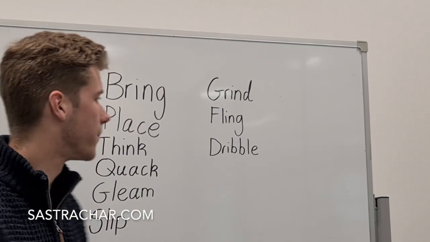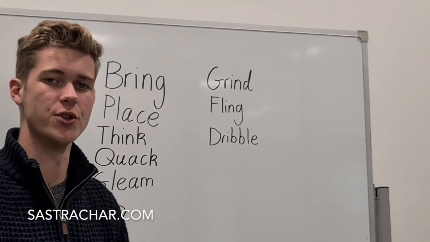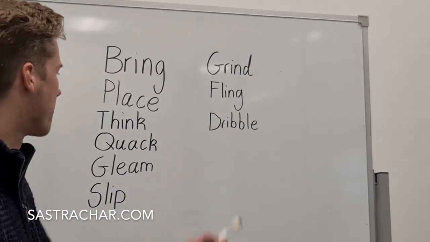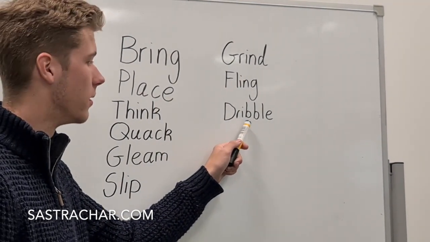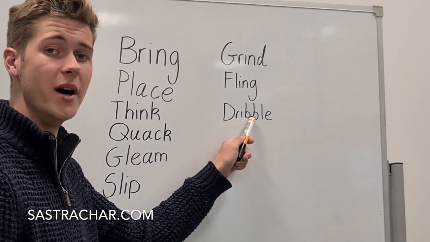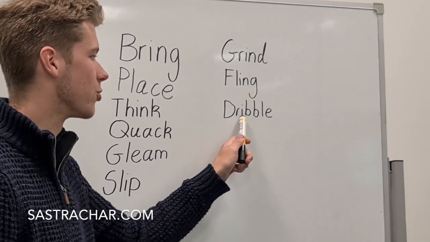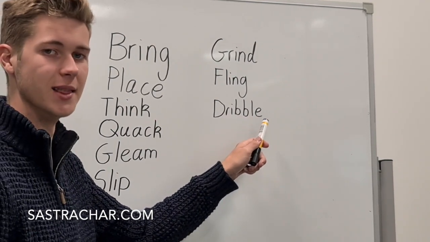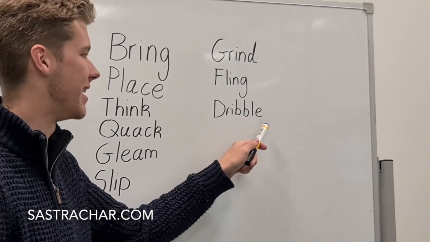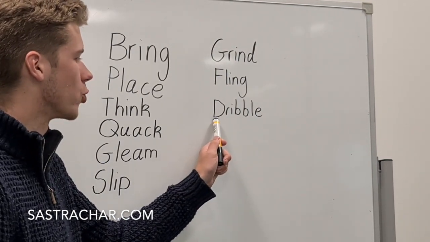And together it makes a dr sound, dr. We have an I after that. The B's go b, drib. Drib. And the L and the E at the end go al. The E is silent, just the L. Al. Dribble.